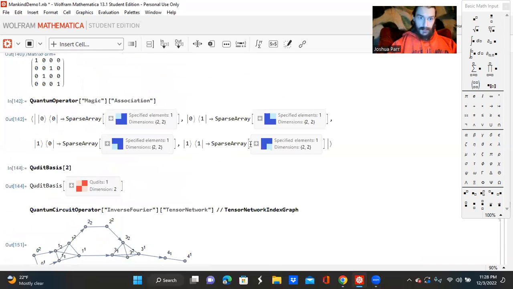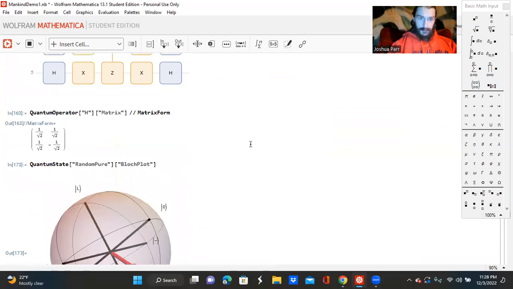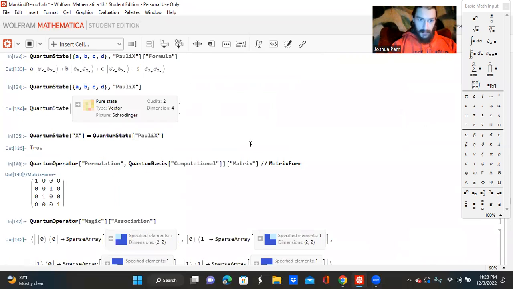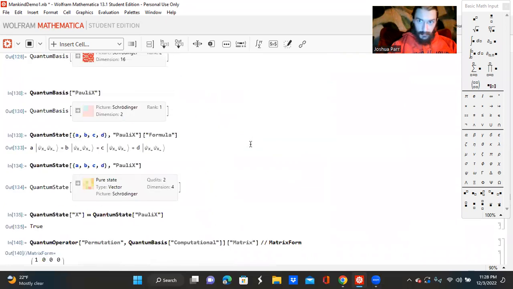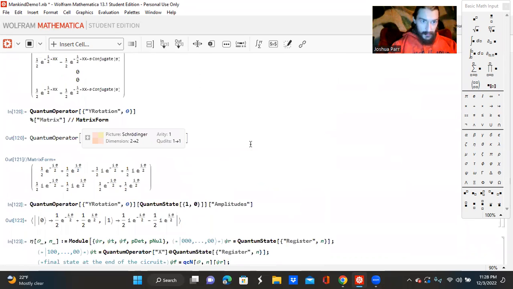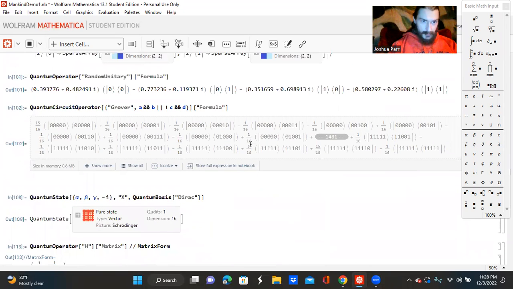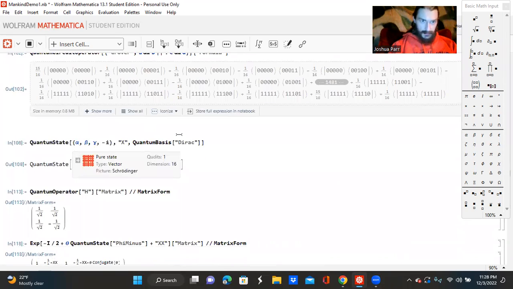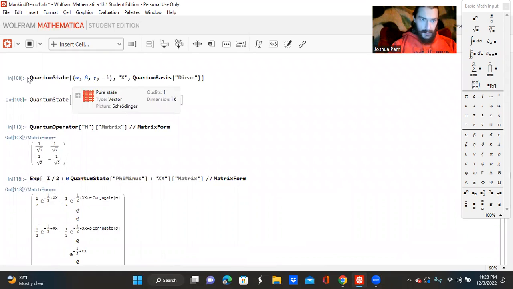I was about to show you something though, where I measured with the Wolfram network. I do have that example here. So I create a quantum state, a Dirac state, well, a Dirac basis, and I'm specifying the quantum state here.